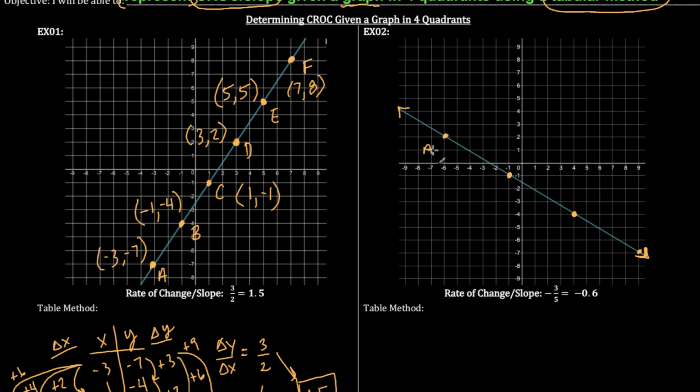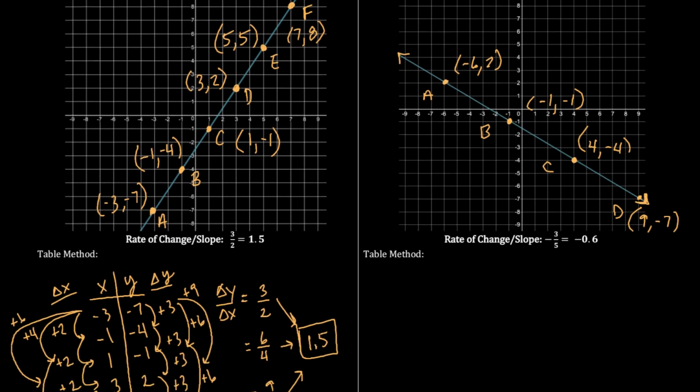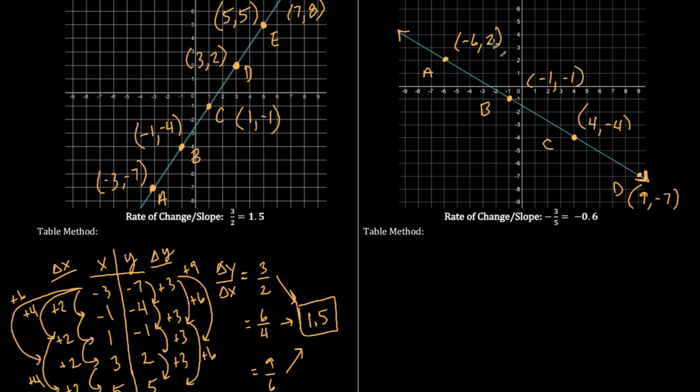All right, so this can be A, B, C, D. Remember, if you can, use 5 points. If you can't, then use what you got. So this is -6, +2. This is -1, -1. This is 4, -4. And this is 9, -7. Oh, I'm gonna extend this.